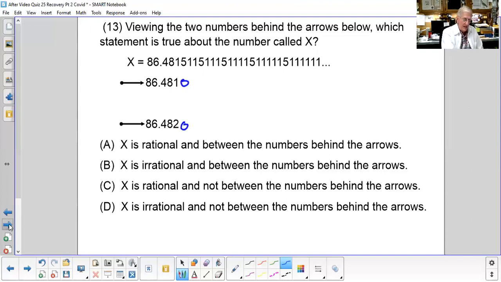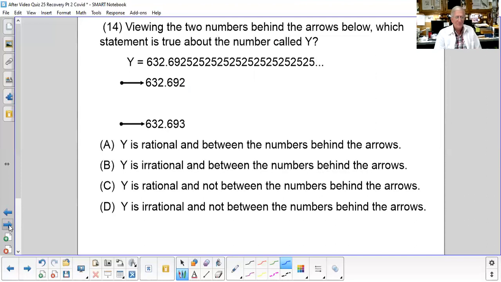And here we have 1, 5. So it definitely would be between them. So this is an irrational number that is between the numbers behind the arrows, which is choice B. I give you these questions just to make you think a little bit.